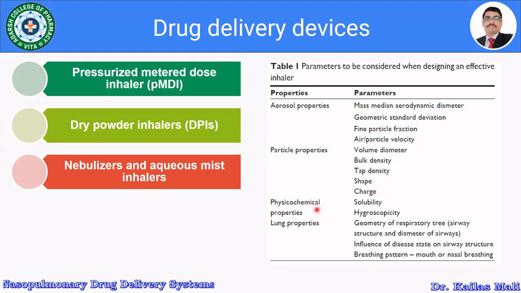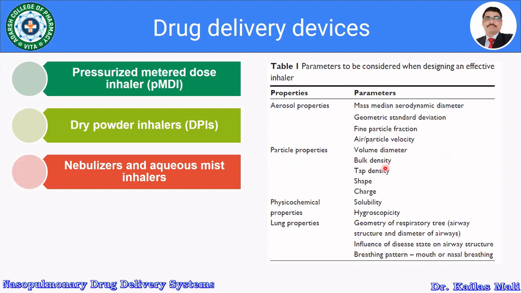For physicochemical properties of the drug, we consider solubility and hygroscopicity. For lung properties, we consider the geometry of the respiratory tree, that is the airway structure and diameter, the influence of disease state on airway structure, breathing pattern, and mouth or nasal breathing. These need to be considered while designing and developing drug delivery devices for the pulmonary drug delivery system.